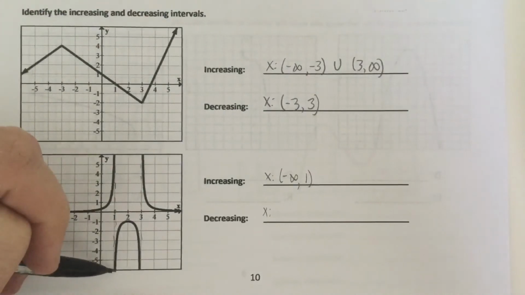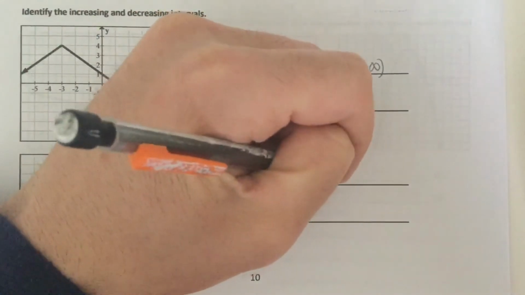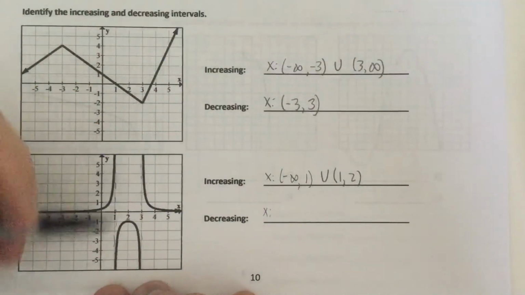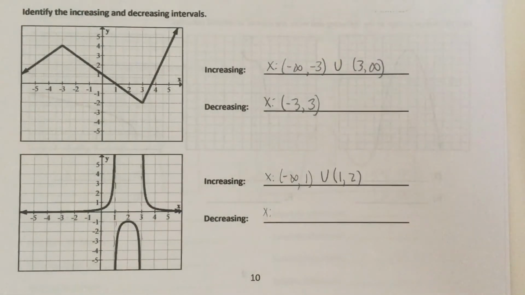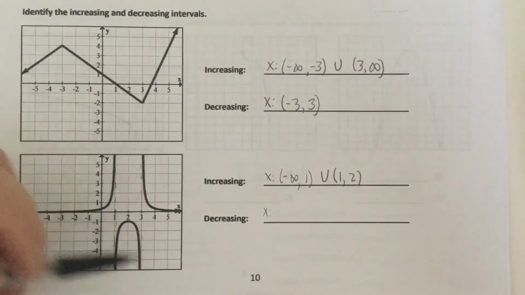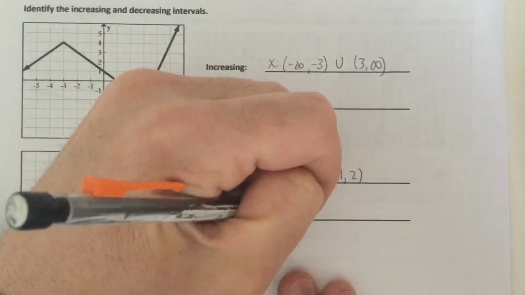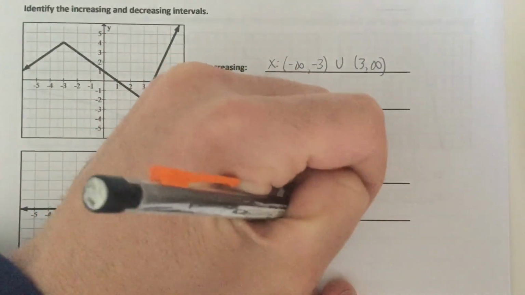And then if you look down here, it's also going to increase again. So I'm going to put my union from 1 to 2. But again, at 1, the graph isn't touching 1 because of that asymptote, so we have to write it as 2 separate intervals. And then we're decreasing from 2 to 3. Again, we have that asymptote, so it's not touching 3, but then it's decreasing again from 3 to infinity.